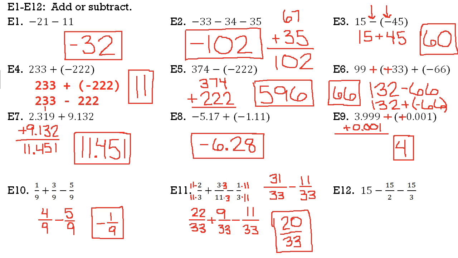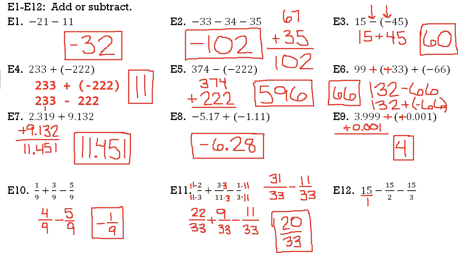All right, last but not least, example number 12, we need a common denominator, and a lot of times people get thrown off on a problem that has a whole number or a natural number or an integer or whatever variety you want to call it. We need to make sure that we consider that being over 1 and then get a common denominator on that particular term as well.